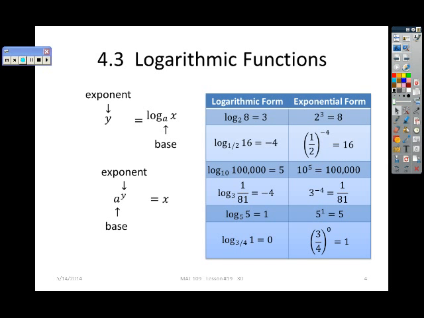As long as your base is positive, and as long as the number you're taking the logarithm of is positive, then they will always exist. You cannot take the logarithm of a negative number. You cannot use a negative base. Logarithm of 1 is 0, because no matter what base we have, if we raise it to the 0 power, we're going to get 1.